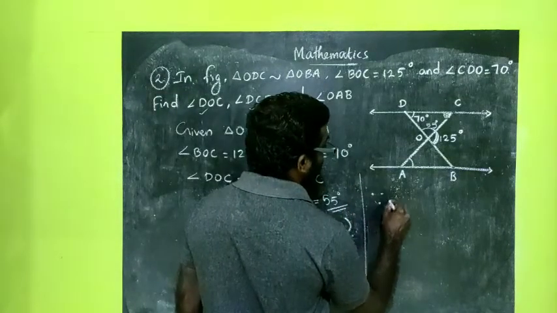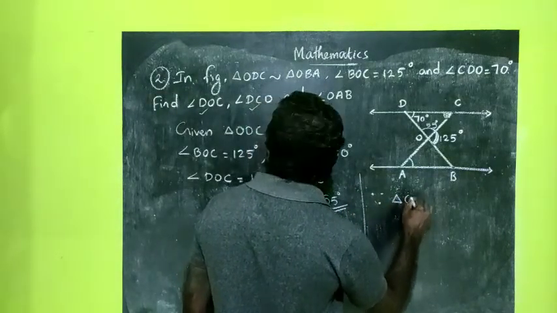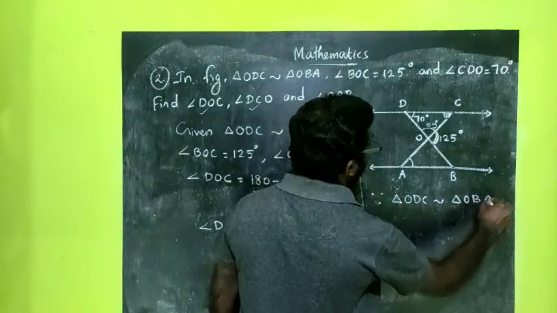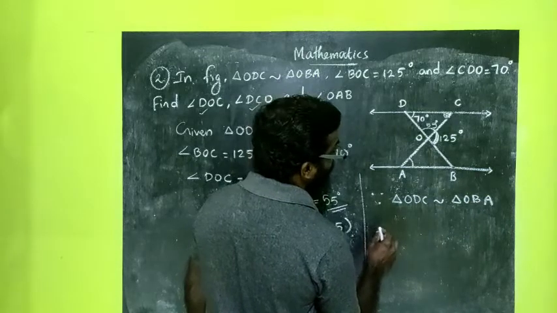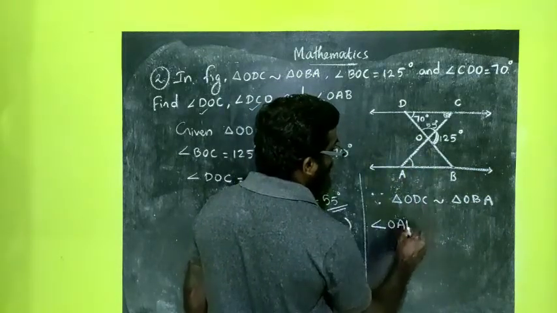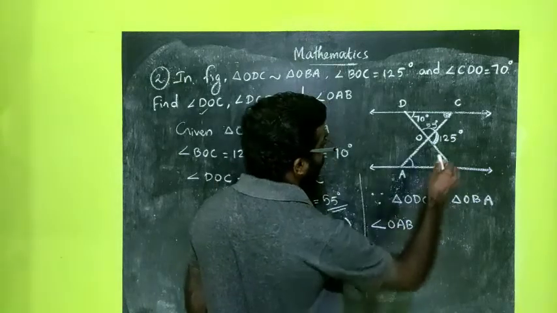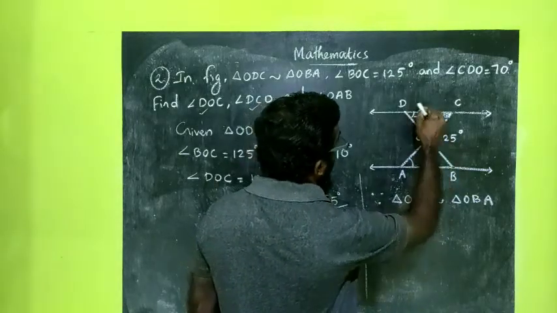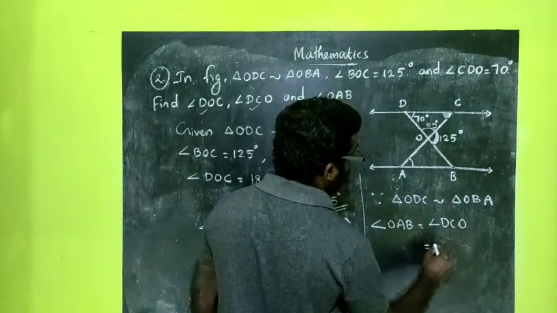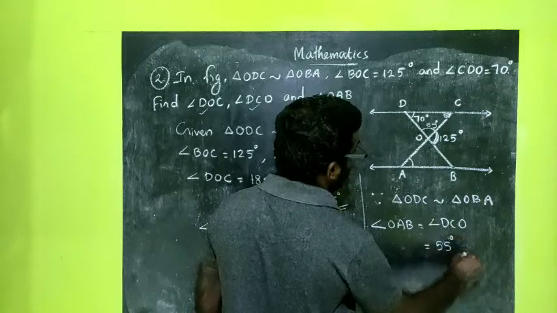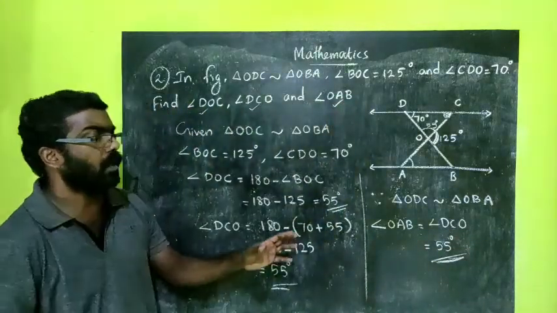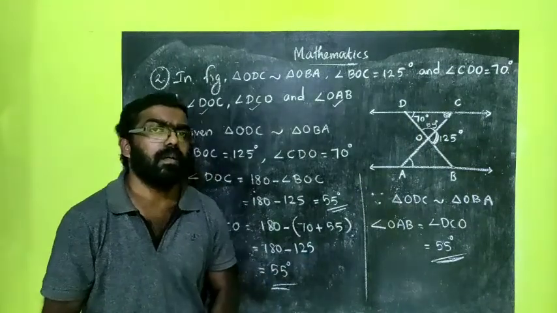Since triangle ODC is similar to triangle OBA, we can write angle OAB will be equal to the corresponding angle, angle DCO, and that will be equal to 55 degrees. So angle OAB is also equal to 55 degrees. Understood?